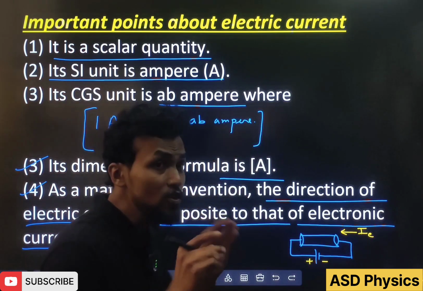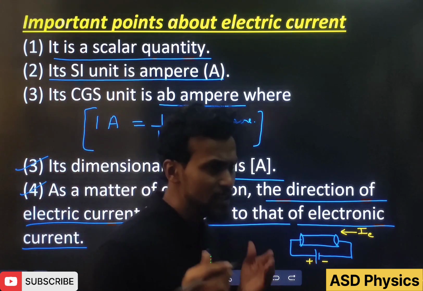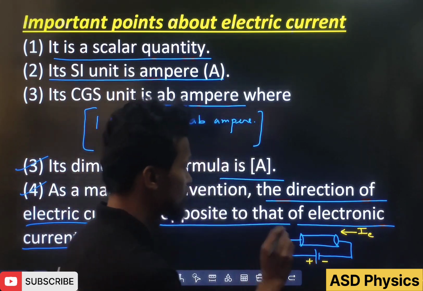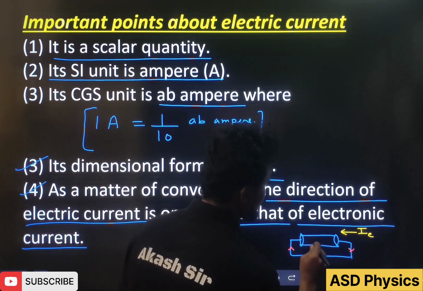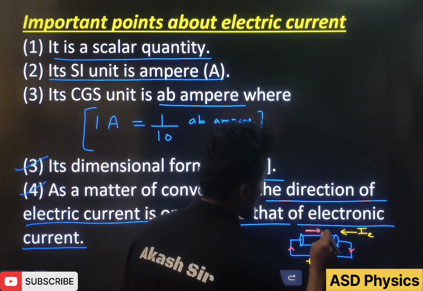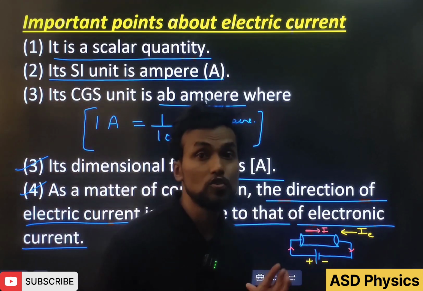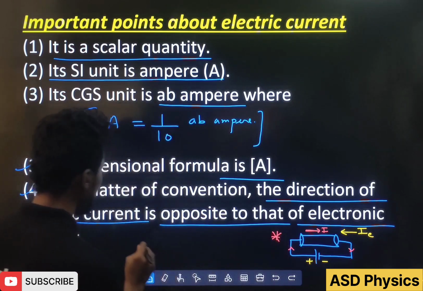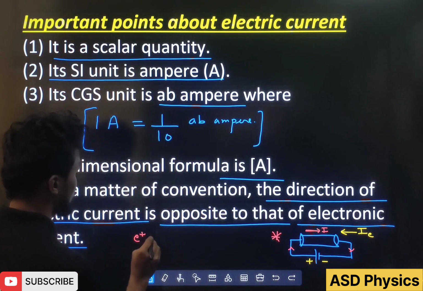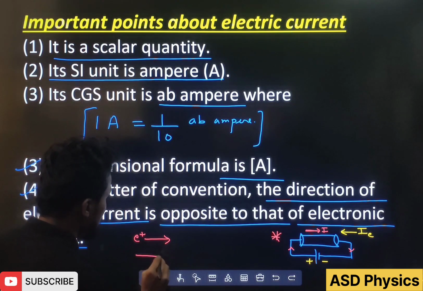But normally, as you learn even in 10th, the electric current always flows from the positive terminal of the battery to the negative terminal, like this. So this is the conventional direction of the current. That's why the conventional current direction is always opposite to the electronic current. Similarly, if one proton is going in this direction, E plus, we take the current in this direction only.